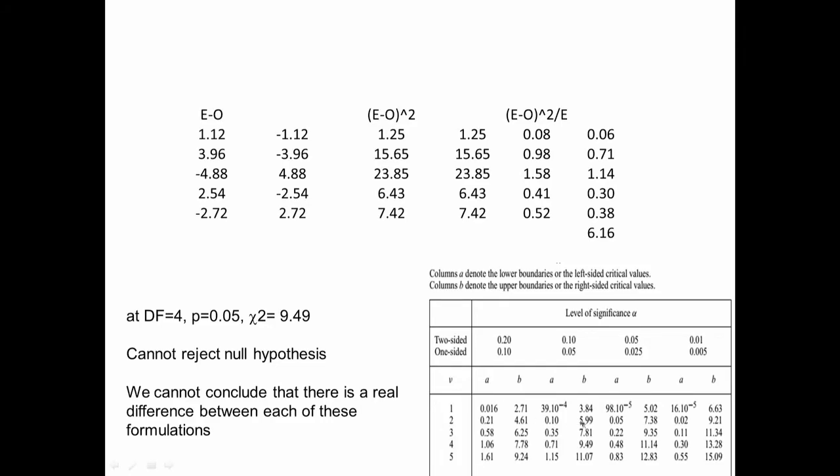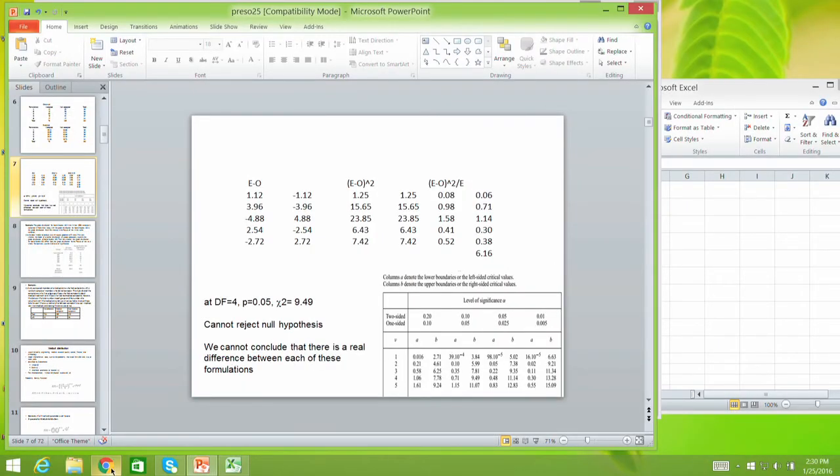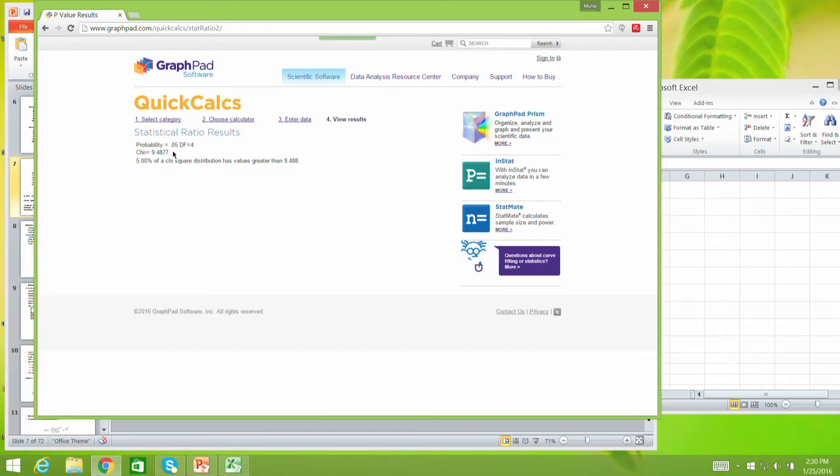So, GraphPad just gives you the chi-square value given your probability of 0.05.